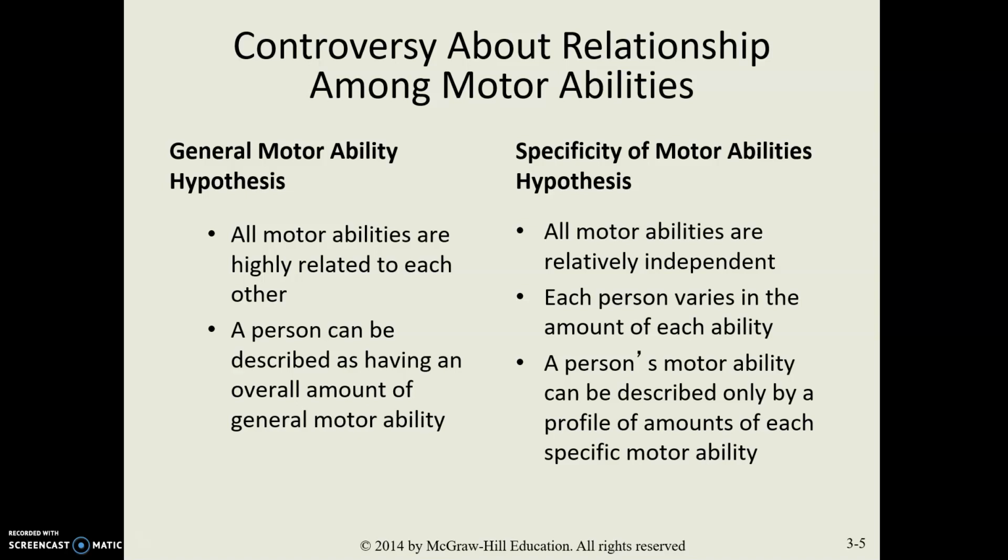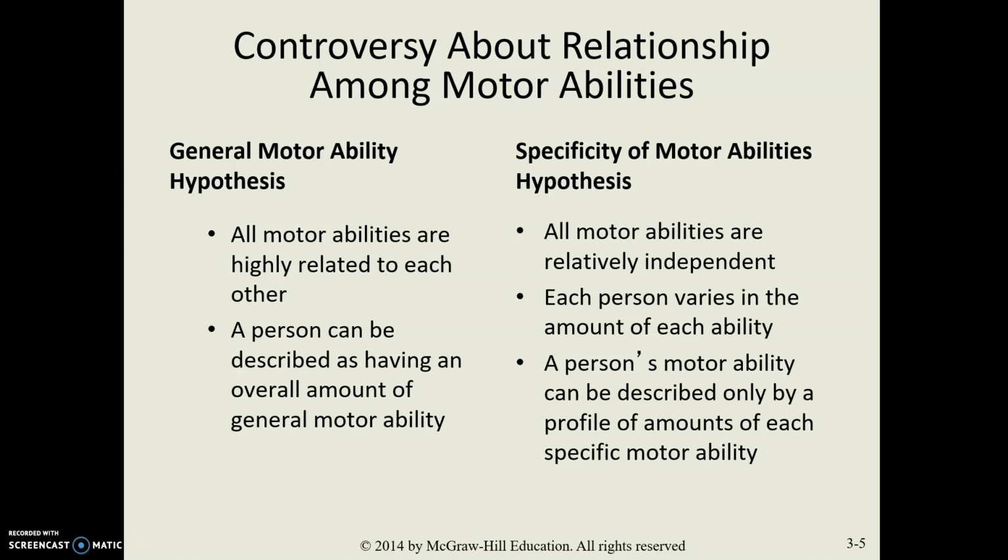which one would you choose? You believe in the overall global capacity, the all-around athlete, or would you lean more towards the specificity of motor abilities as relates to each motor skill has underlying abilities that are independent to one another?